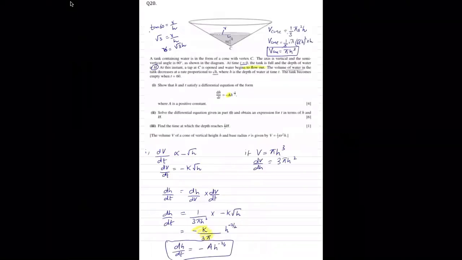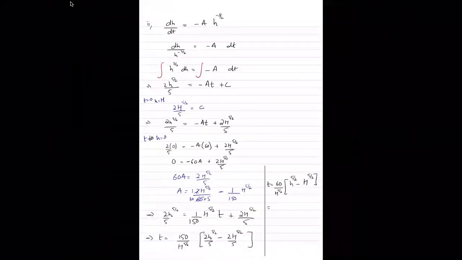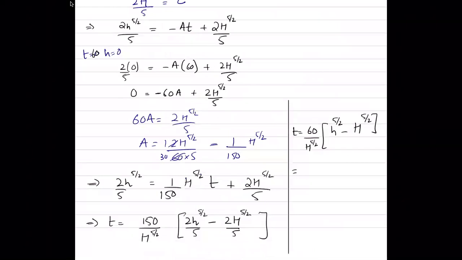Okay. The next part, part 3, says find the time at which the depth reaches 1 upon 2h. So we need to find the time. I can do part 3 over here. You need to find the time when the height becomes half of capital H. Okay, so we will have to solve this.